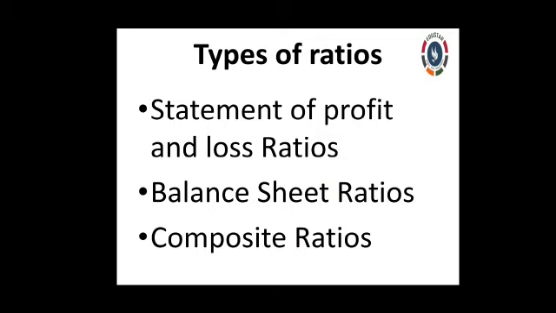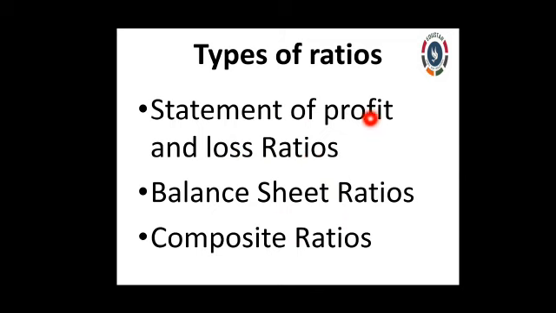Again I am telling you once more: statement of profit and loss ratio means the two amounts we are going to apply in the formula are taken from the profit and loss statement.